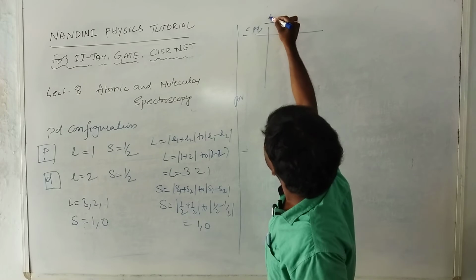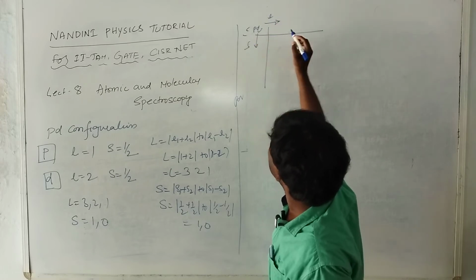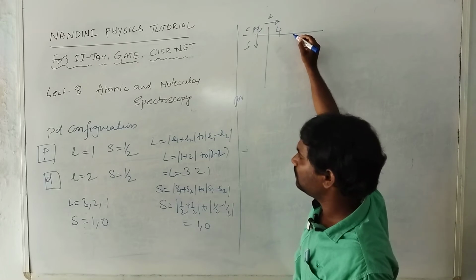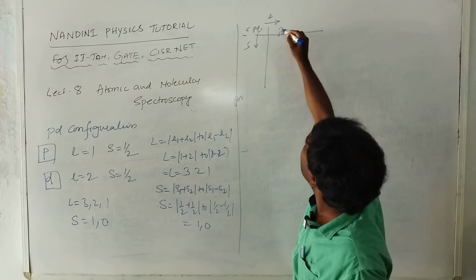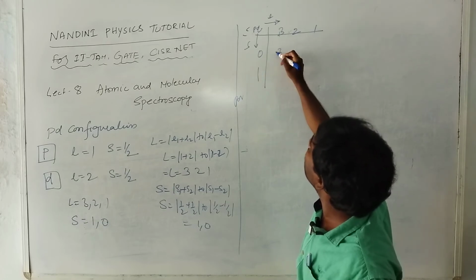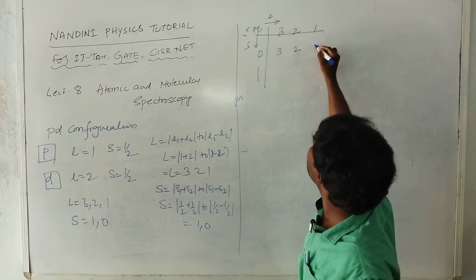Here the L terms and here the S terms you will represent. So L is 3, 2, 1, and S is 0, 1. So 0 plus 3, 3 only. 0 plus 2, 2 only. 0 plus 1, 1 only.